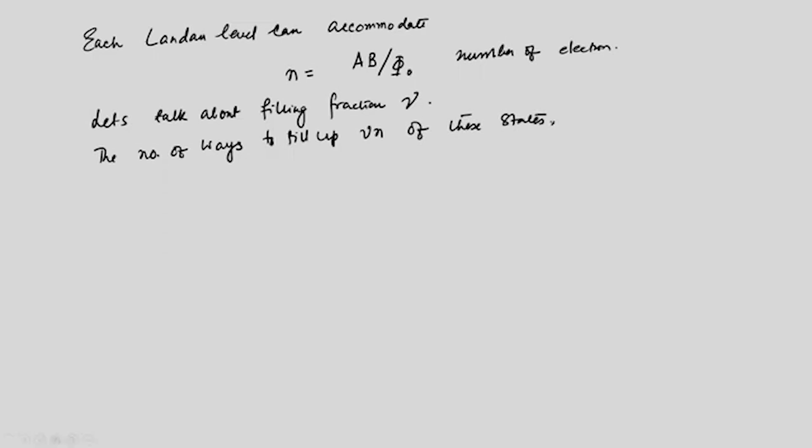This is given by N choose nu N. And if you expand this, it is like 1 over nu to the power nu N, and 1 divided by (1 minus nu) to the power (1 minus nu) N, and this is a ridiculously large number.